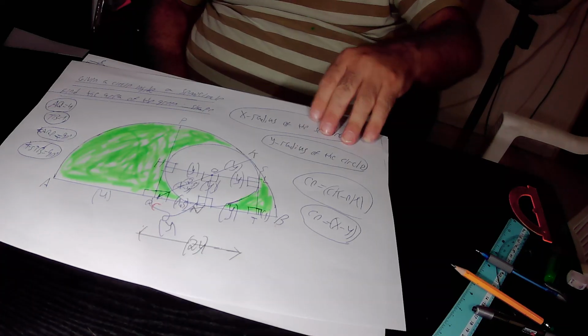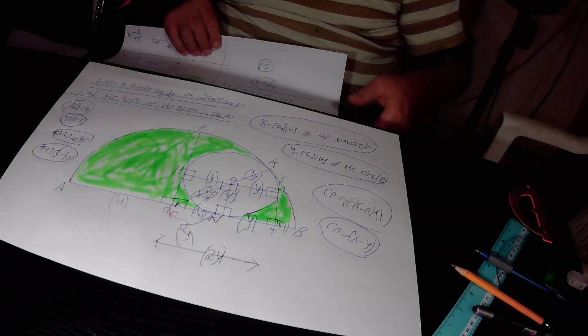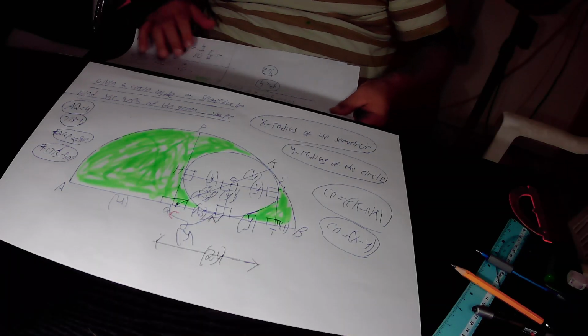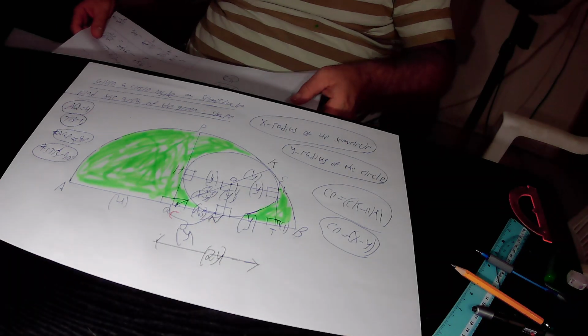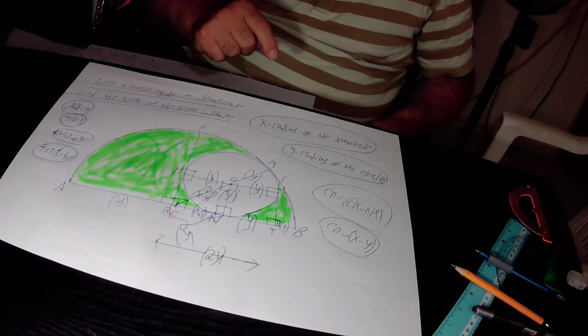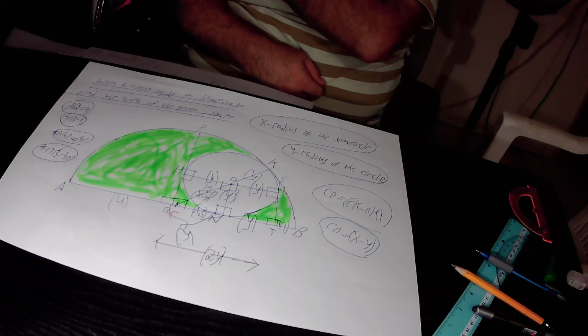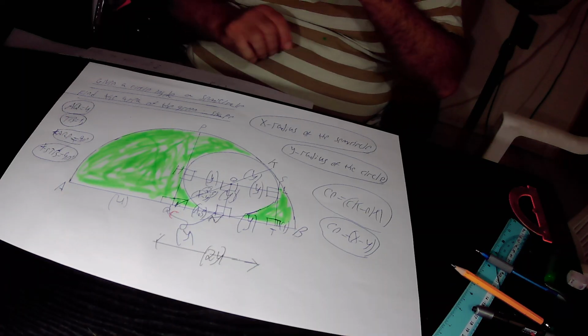So in the next step, I copied the right triangle CON in a new page and implemented the Pythagoras theorem in this right triangle CON.